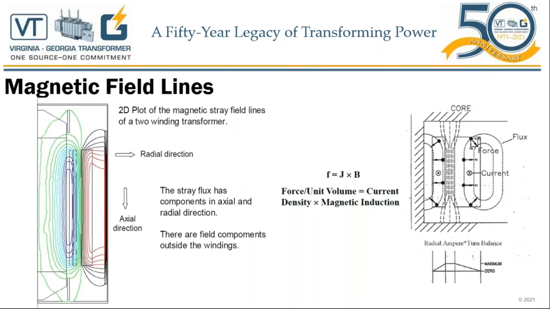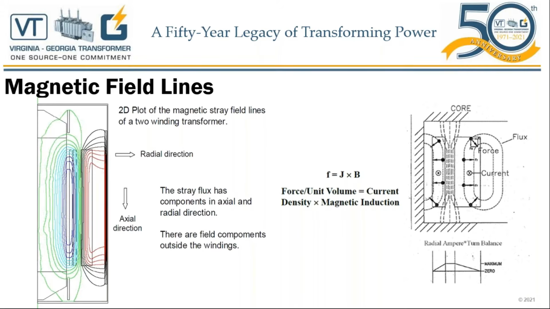Because of that 90-degree angle between the magnetic field and the magnetic force, we always have radial and axial direction forces. And on the right side of the slide here is another interpretation of how we calculate the force of the magnetic fields in a transformer during operation.